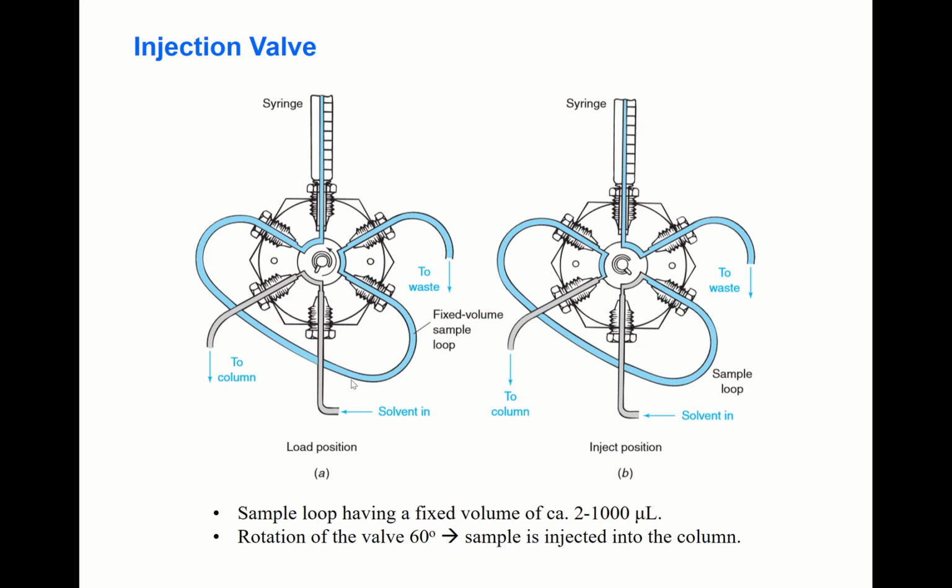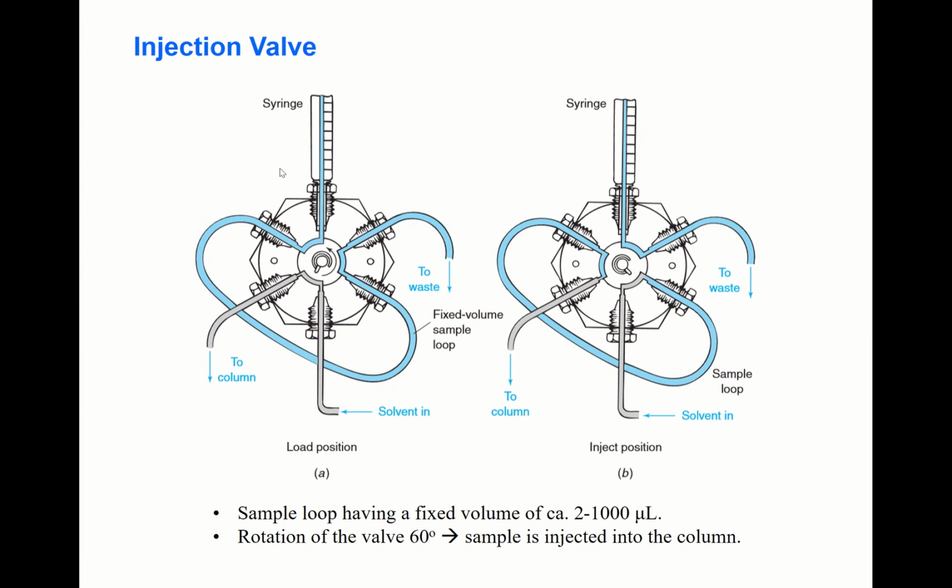Before injecting into the column, you have to have a precise amount of your sample. Look at that. Now you inject your sample with the syringe, and follow this blue line, past this part, and then here, and then to the waste.